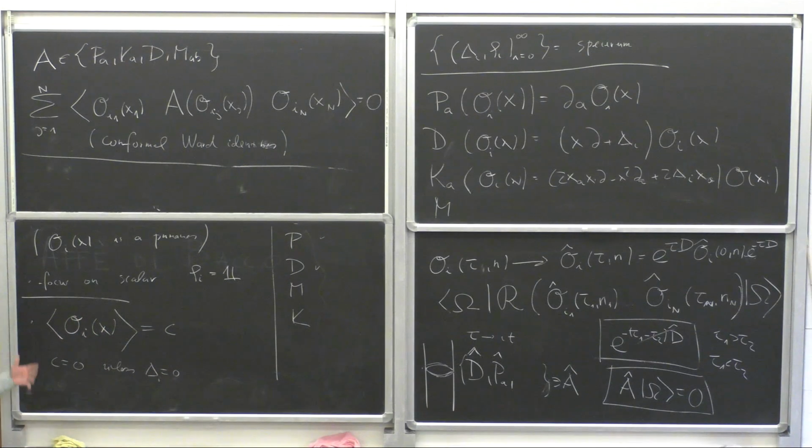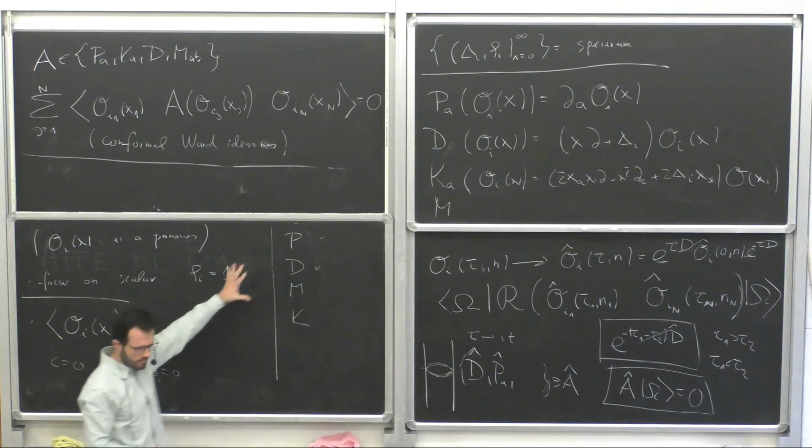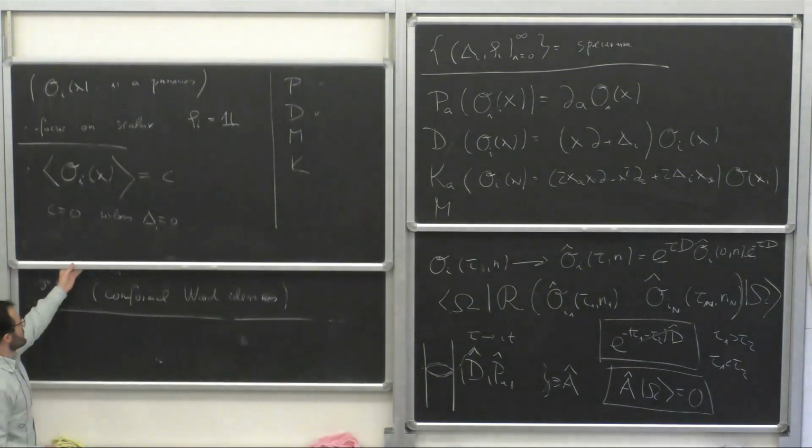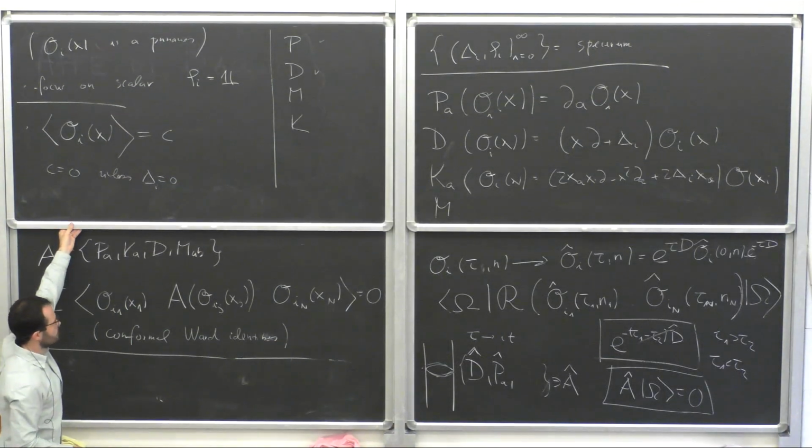So we already saw that in the first lecture yesterday. So we are just using scale invariance. Okay, so that's the 1-point function.